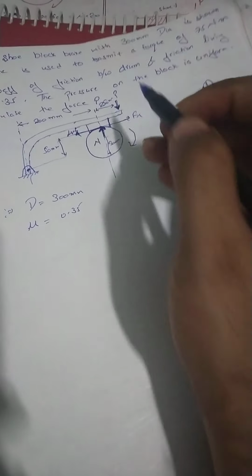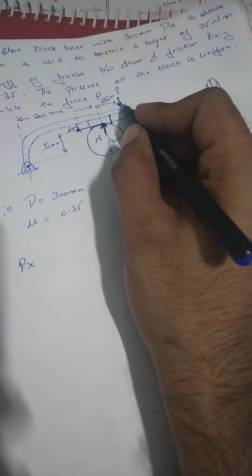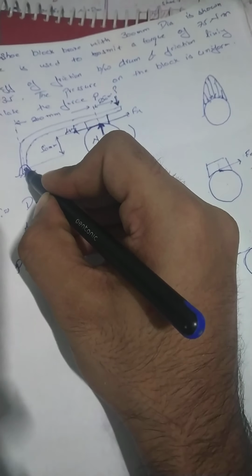The applied force is P. We have to take all the forces with respect to the pivot point.